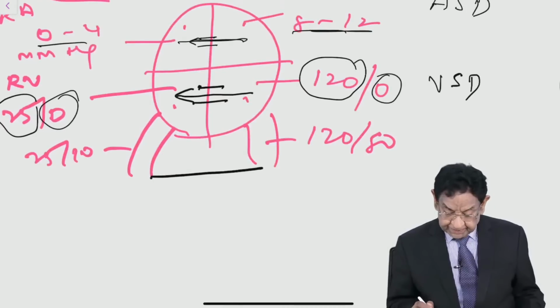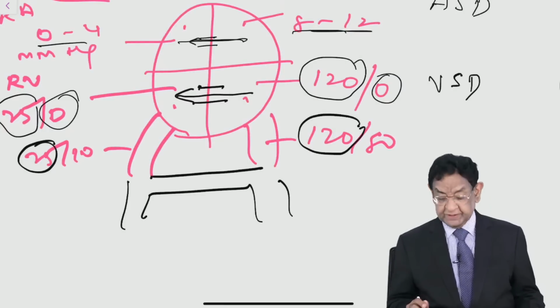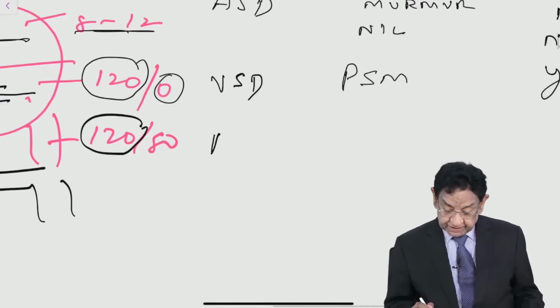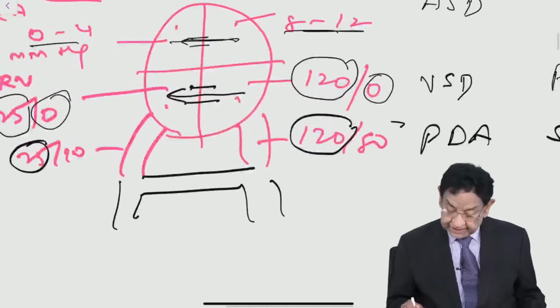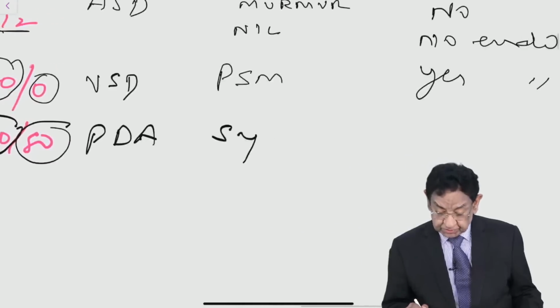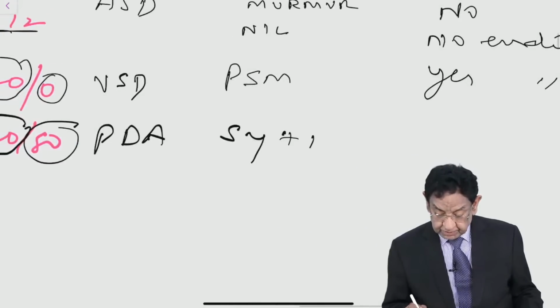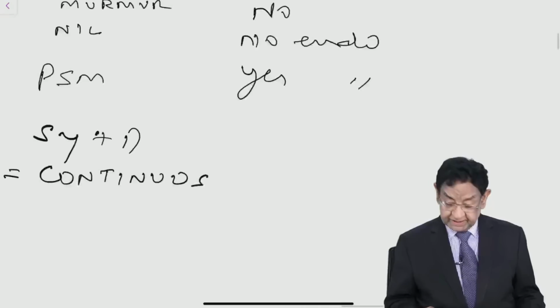PDA, this is the PDA. Systolic 120 and 25, so in PDA you get a systolic murmur. What about diastole, 80 and 10? You get a diastolic murmur also. So that's why you get a continuous murmur. That's the basic reason why you get a continuous murmur in PDA.